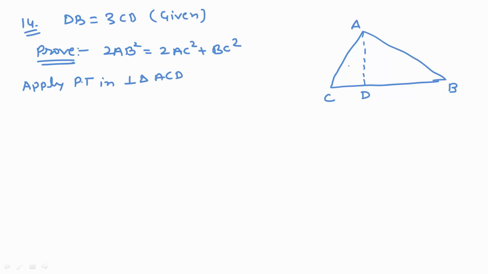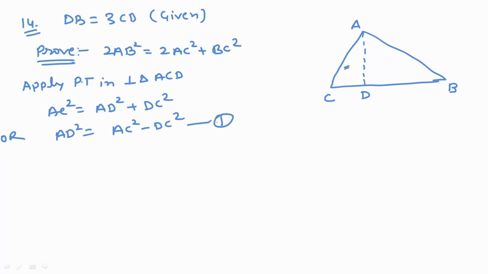AC square is equal to AD square plus DC square, or you can write AD square is equal to AC square minus DC square. This is your number first equation.